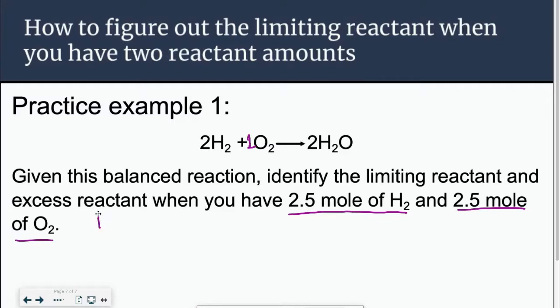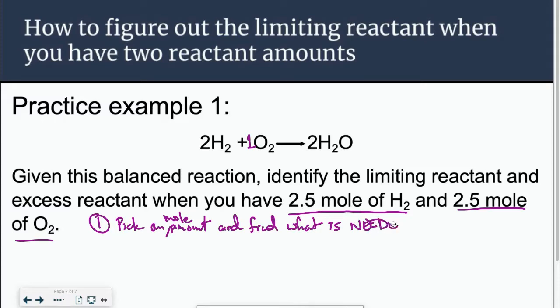Okay, so our first step, we are going to pick a mole amount and find what is needed of the other.